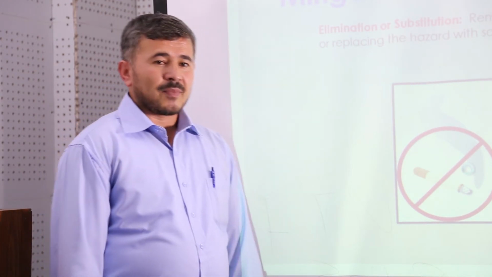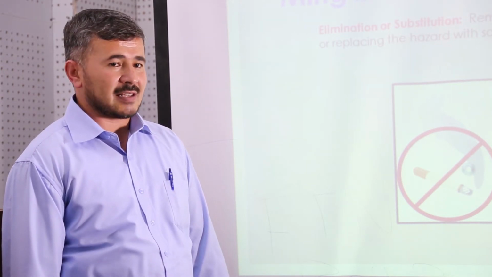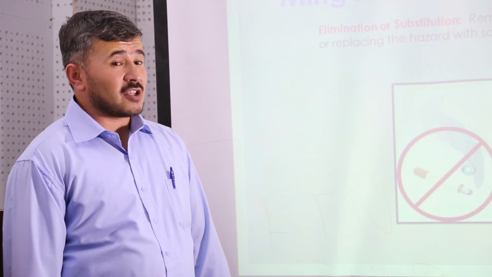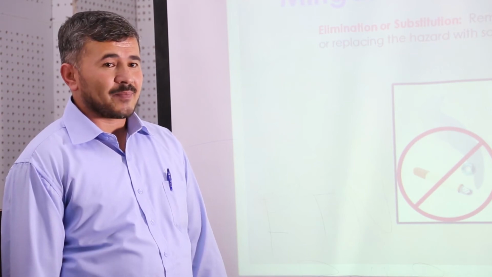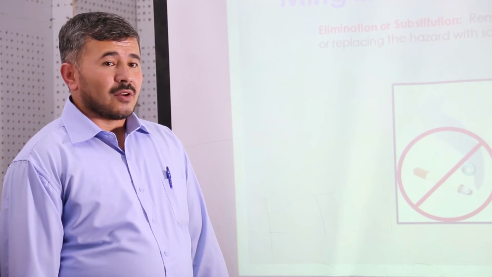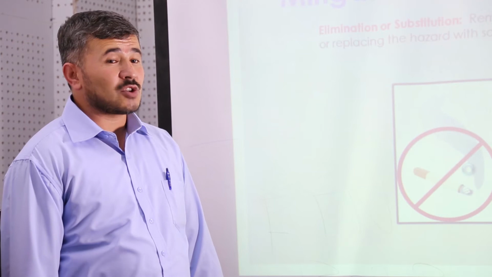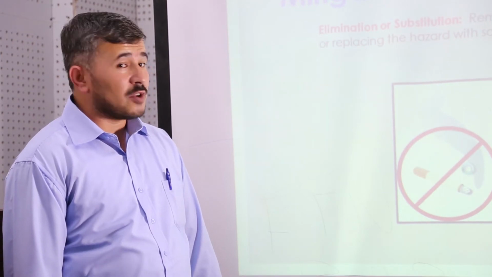For example, if you are working on a field strain of Bacillus anthracis, the causative agent of anthrax, in a lab, you can change it to a less virulent strain. This is called substitution.